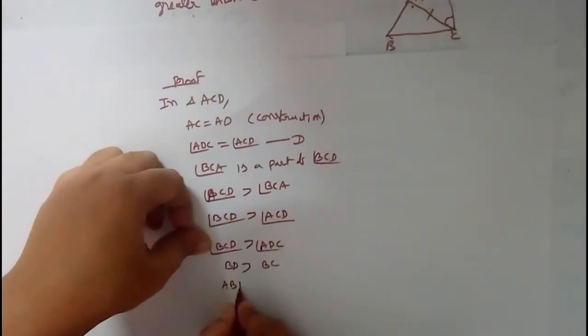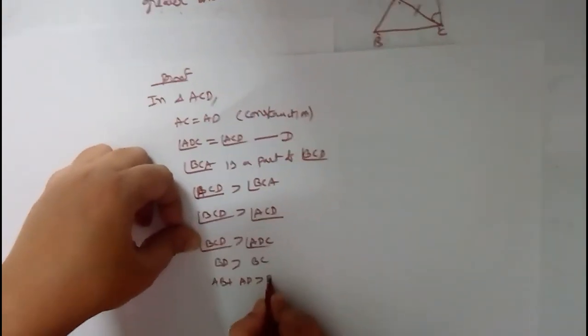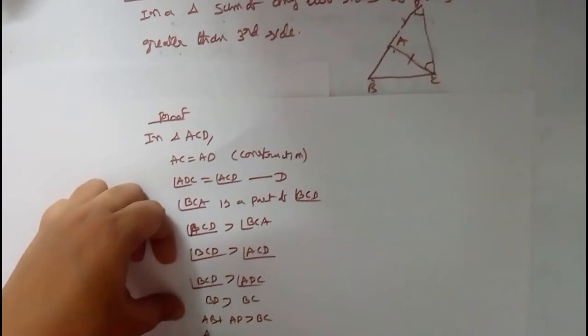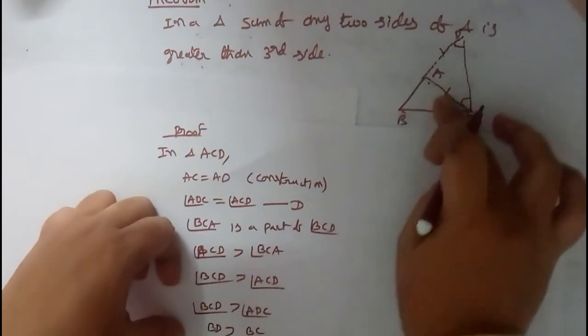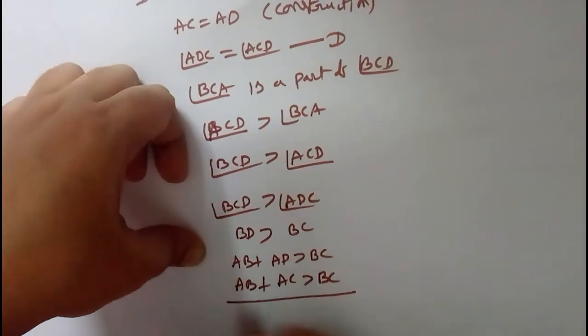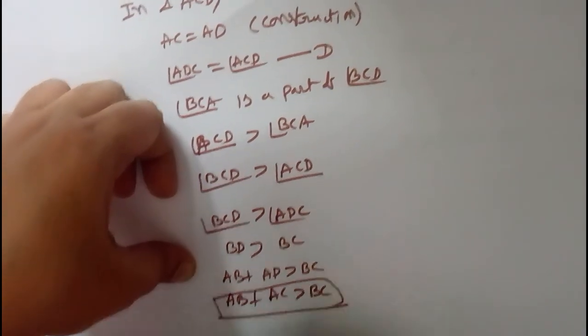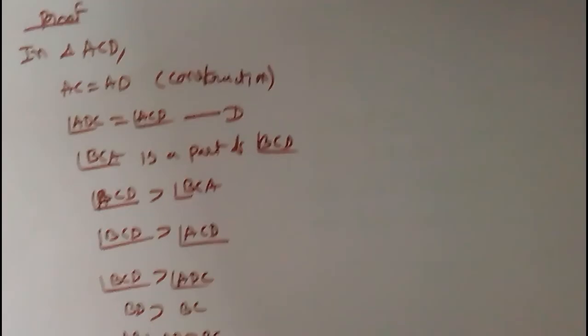BD means you can write AB plus AD. AB plus AD is greater than BC. AB plus AD is nothing but AB plus AC from construction, which is greater than BC. So the sum of any two sides is greater than the third side. Similarly, you can prove the remaining two sides also.